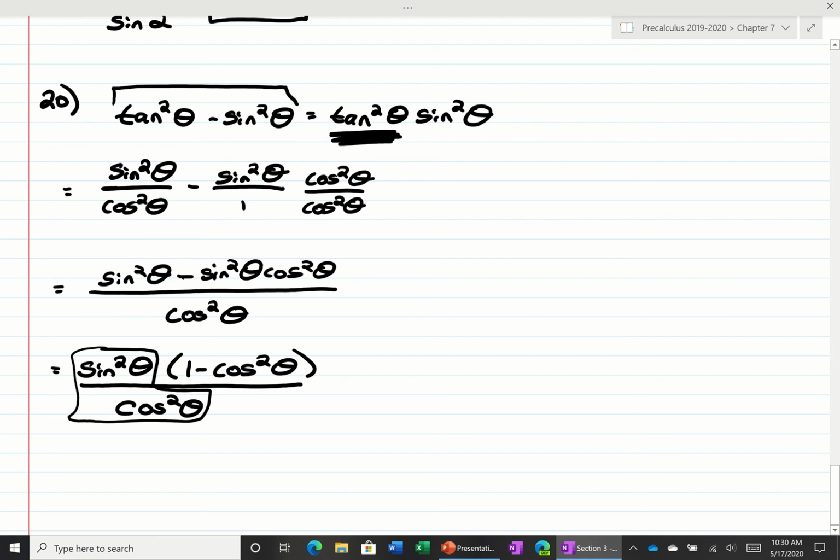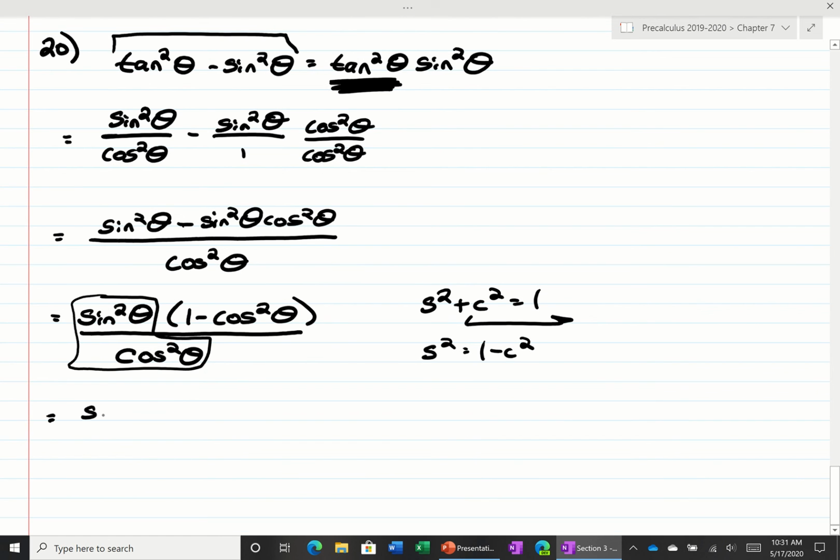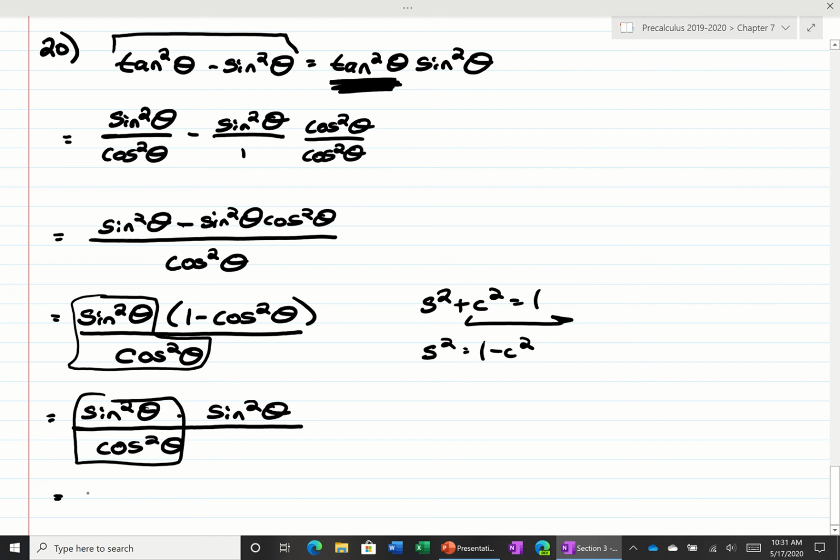So the only thing we have to get is sine squared, and guess where that's going to come from? If sine squared plus cosine squared is 1, 1 minus cosine squared is sine squared. So we wind up with sine squared theta times sine squared theta all over cosine squared theta. This piece is tangent squared, and we have sine squared.